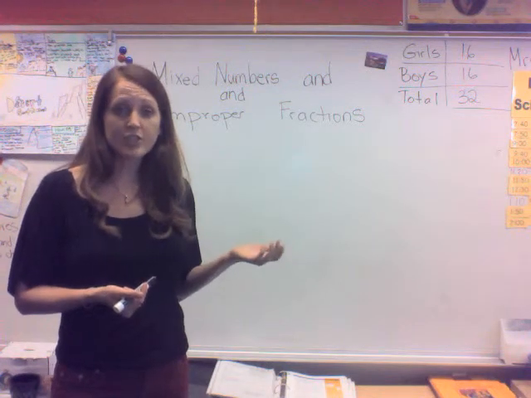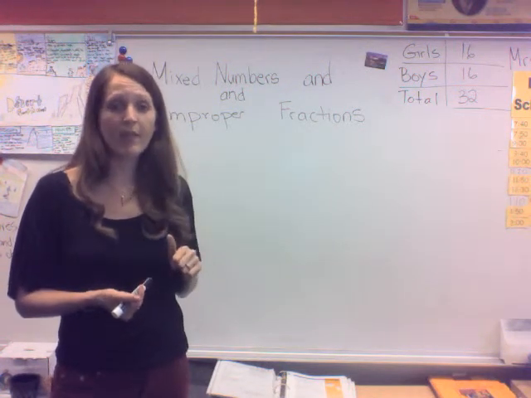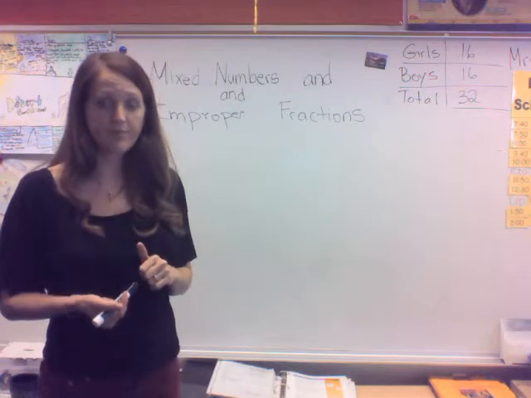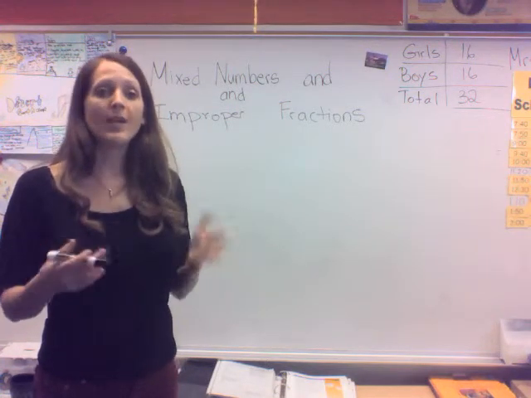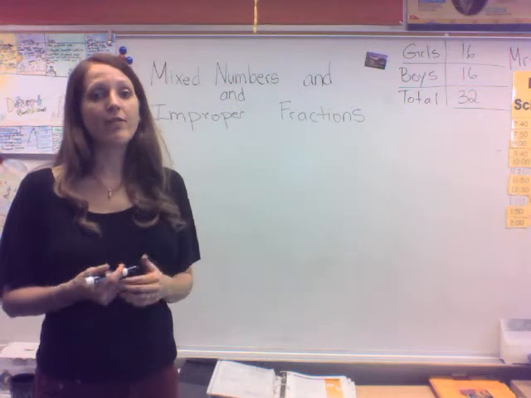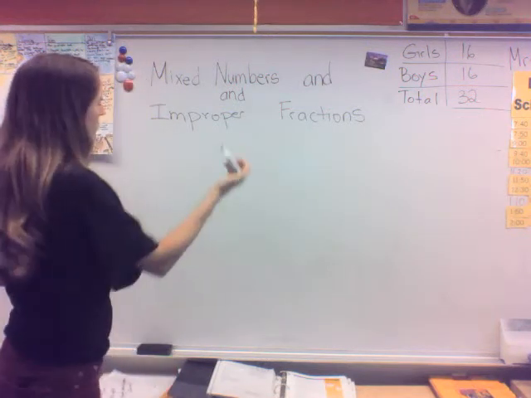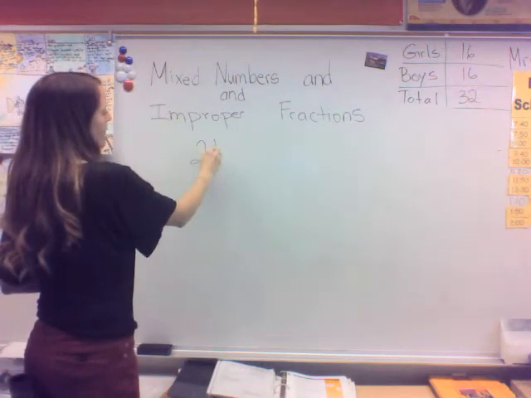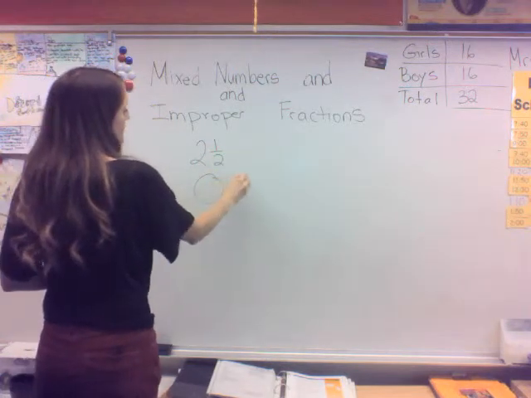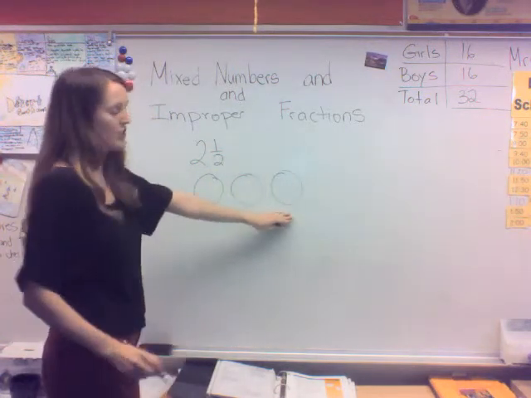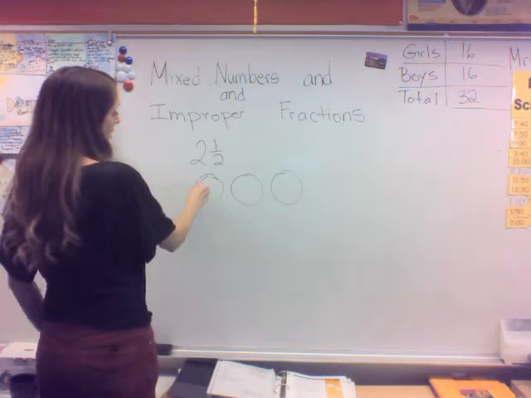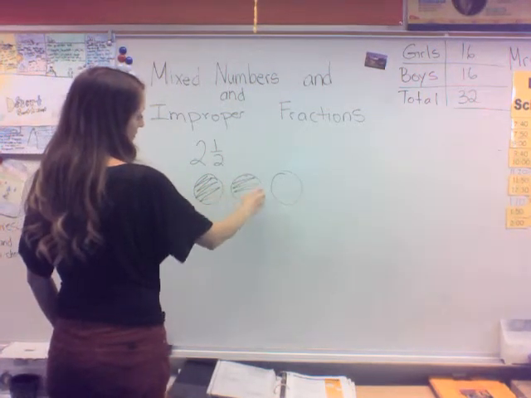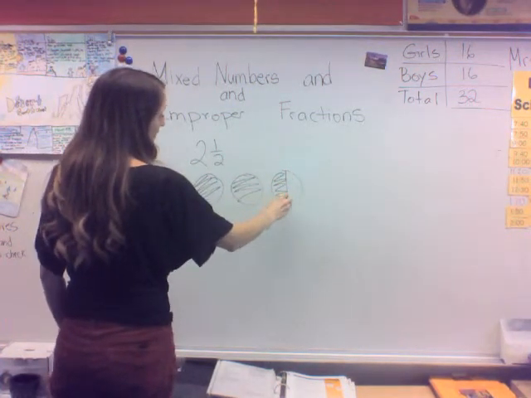An improper fraction is just another way of naming that same amount, but you account for each of the pieces. So when I have my mixed number of 2 and 1/2, I have to show my half. I have my wholes, and a half.